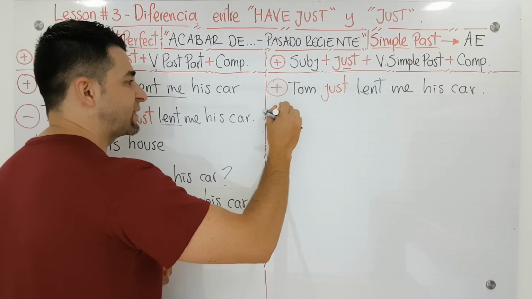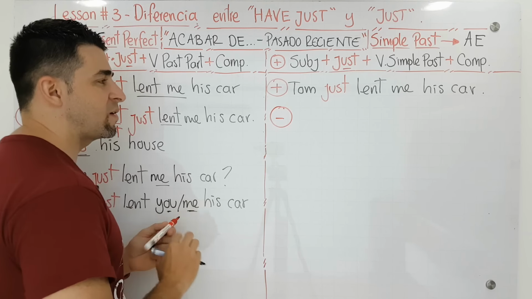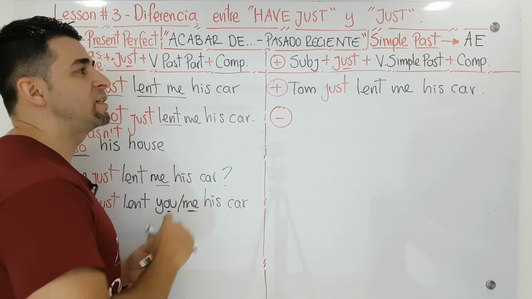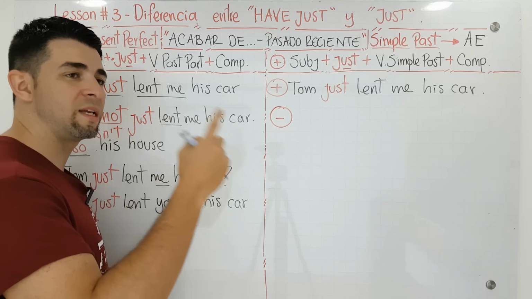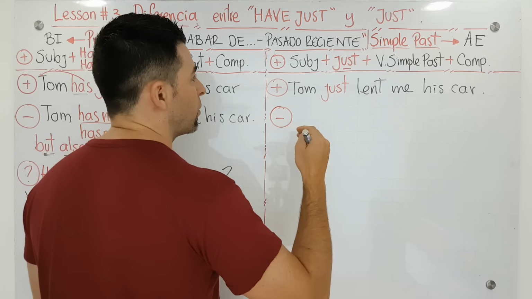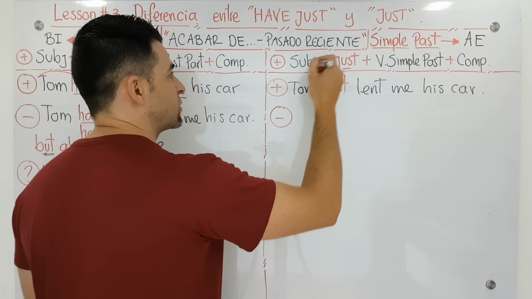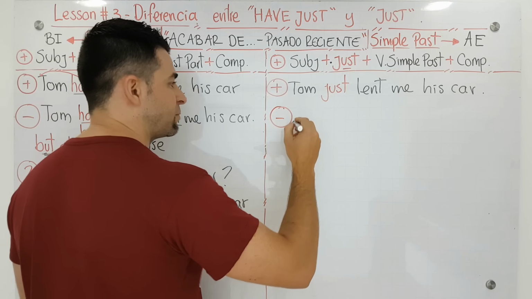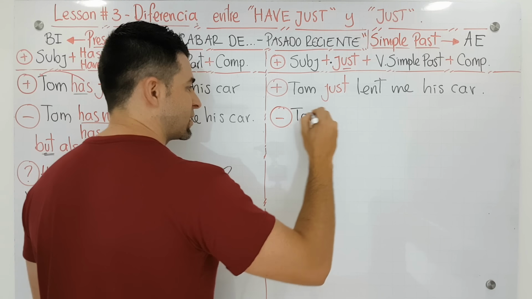Now let's do the negative sentence. Vamos a hacer la oración negativa. For the negative sentence, we have to use the only auxiliary that we have in the simple past. El único auxiliar que tenemos, que es did. Entonces, ¿dónde lo vamos a colocar? Lo vamos a colocar después de ese sujeto. ¿Listo? Look at this. The subject, Tom. Okay, this is the subject.